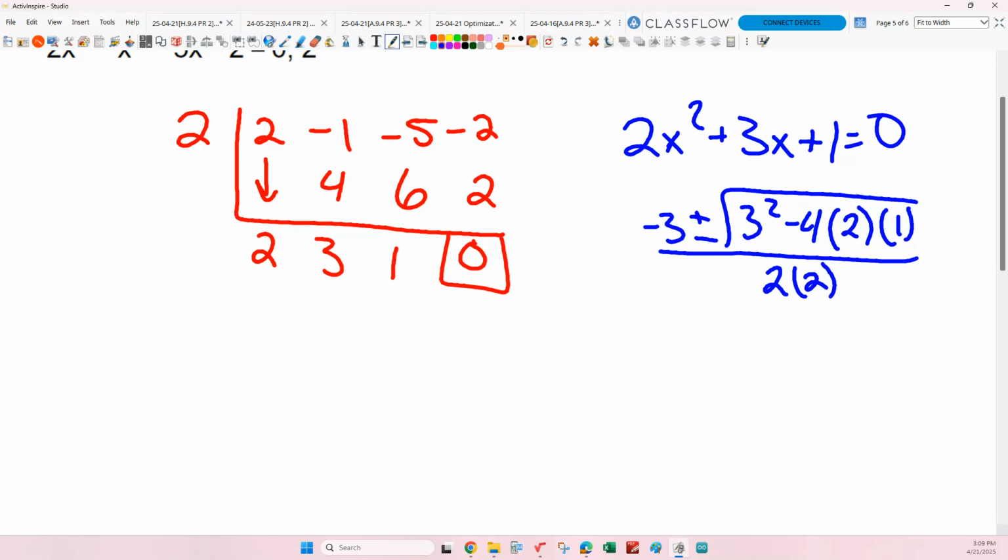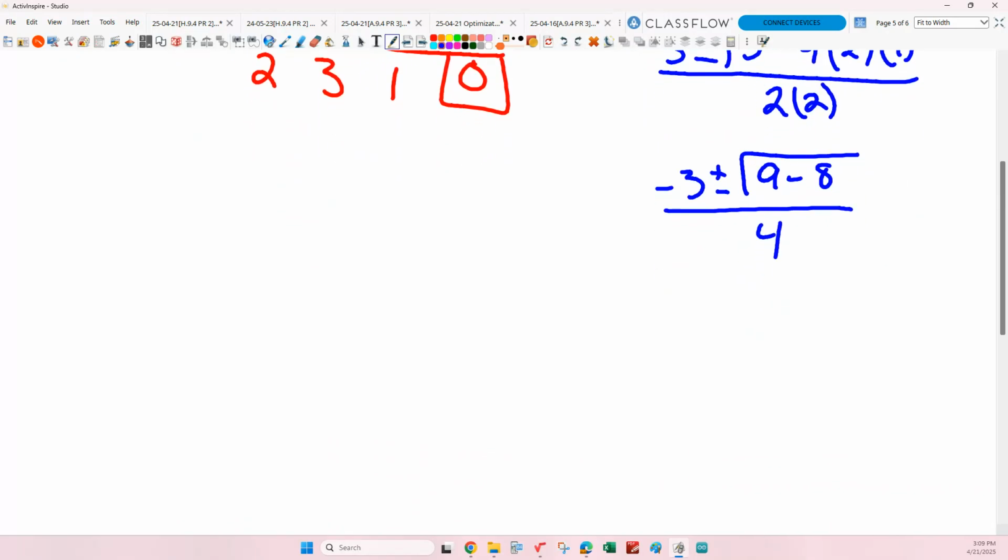Okay, what's going to simplify inside my radical? What's 3 squared? 9. And then we have minus 8 all over 4. Okay, what does 9 minus 8 simplify to? And then what's the square root of 1? 1. So we have a negative 3 plus or minus 1 over 4. Can I simplify that?